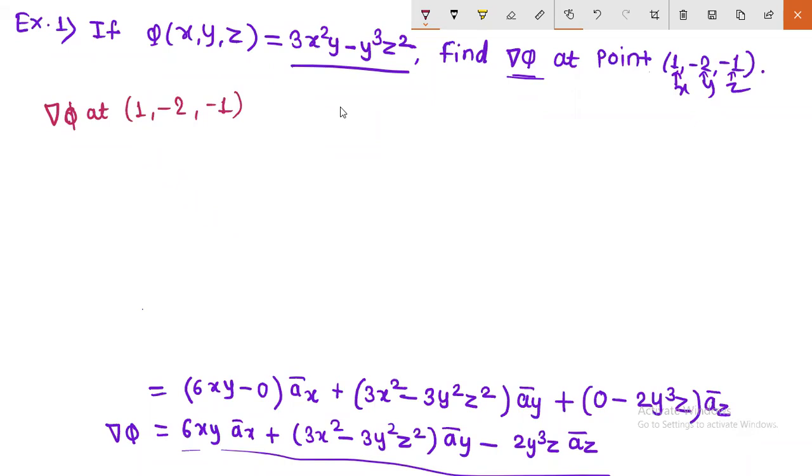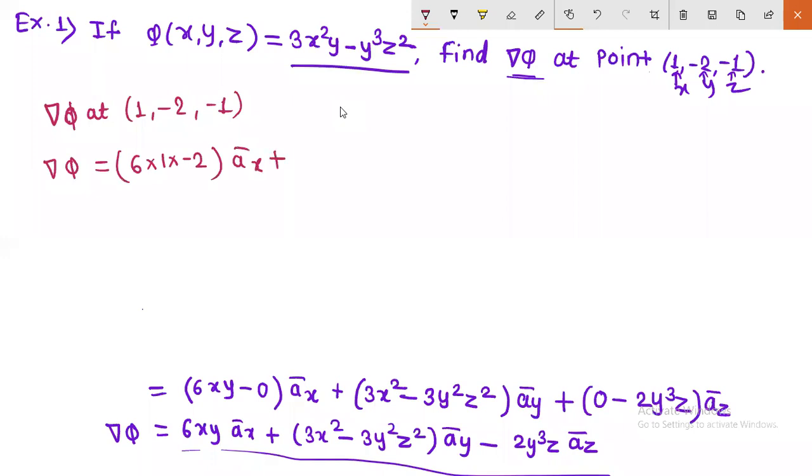So del phi is equal to 6 into, what is x? x is equal to 1, into y is equal to minus 2, into unit vector a bar x.